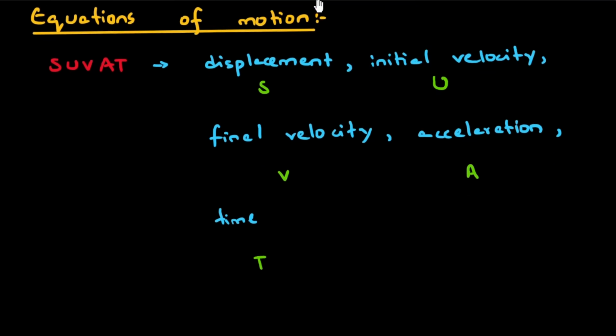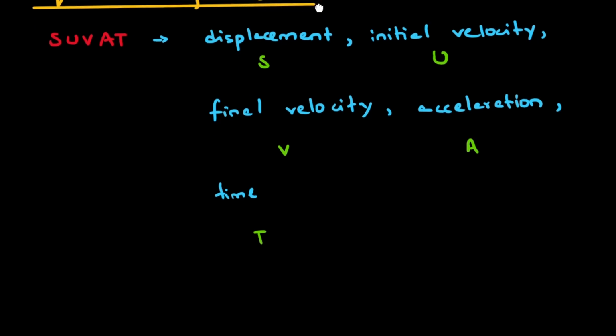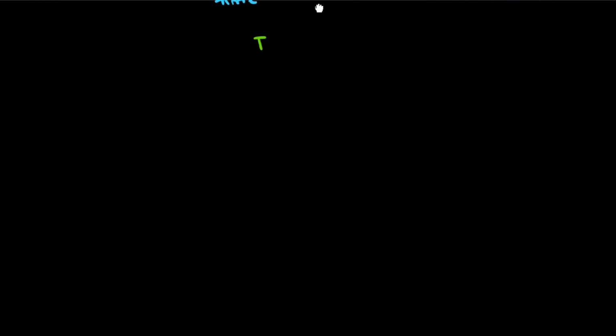These are the symbolic representations for these quantities used in the equations of motion we will write down now. There are three main equations of motion, starting with the first one, which is V equals U plus AT, or final velocity equals initial velocity plus acceleration multiplied by time.